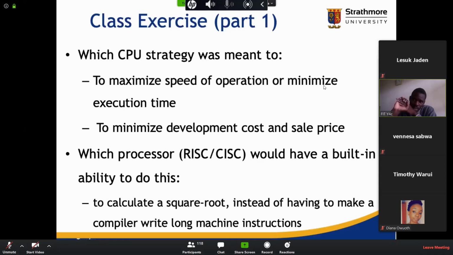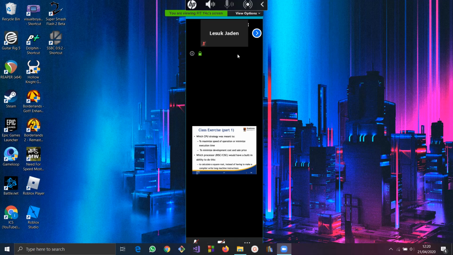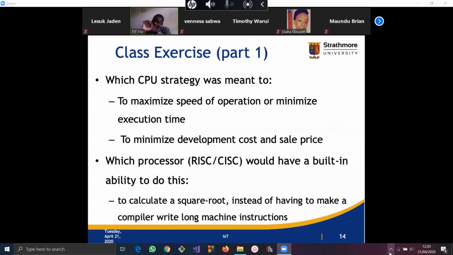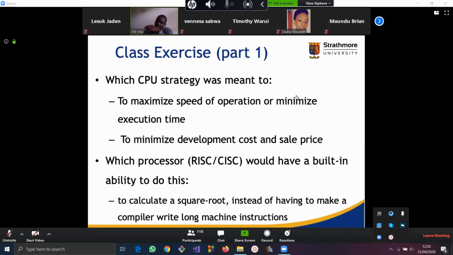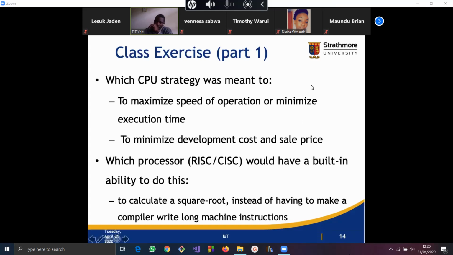Any group that chose CISC? Okay, so yes, Mombali.